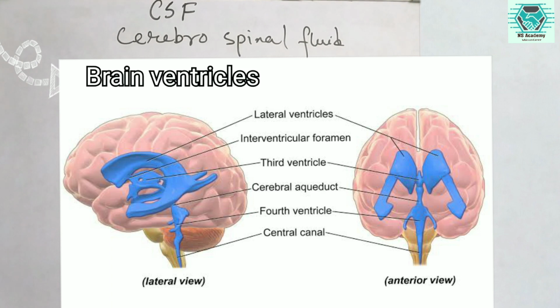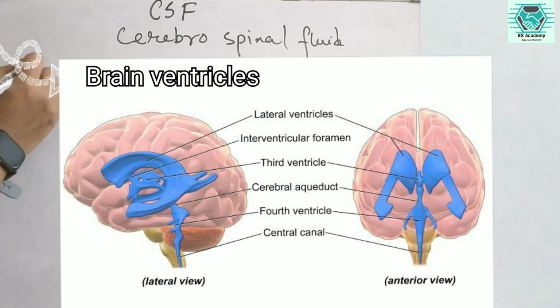The brain is divided into ventricles, and later I will show you images so you can understand where the CSF is formed and circulated. CSF is also present in the cavity of the spinal cord, and in the subarachnoid space.